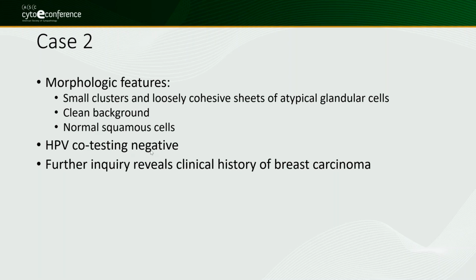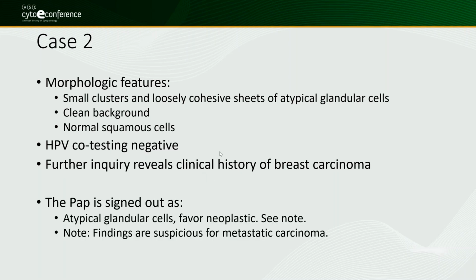The HPV co-testing is negative. And so we asked more, and it says the patient has a clinical history of breast cancer. So at the time, when we didn't know, we suspected because of the clean background and also the morphology didn't quite look like it belonged there. So this is when we used the generic atypical glandular cell category.